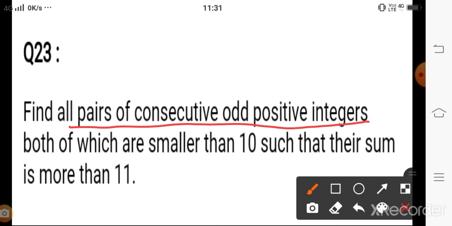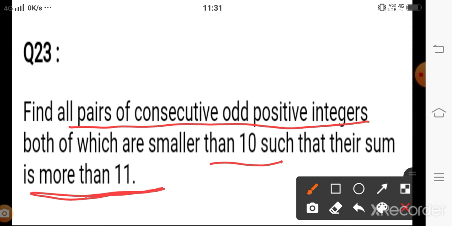If you consider one number as x, then the other we take as x plus 2. The question is, find all pairs of consecutive odd positive integers, both of which are smaller than 10 and such that their sum is more than 11. Two conditions are given here. It means we get two inequalities, and after observing them we have to write the solution.